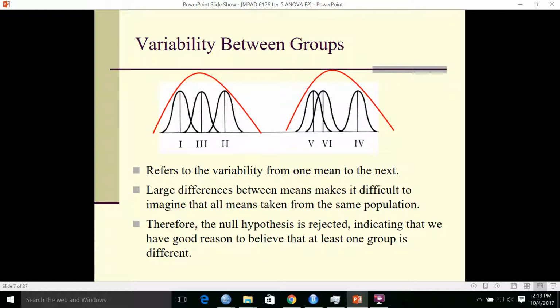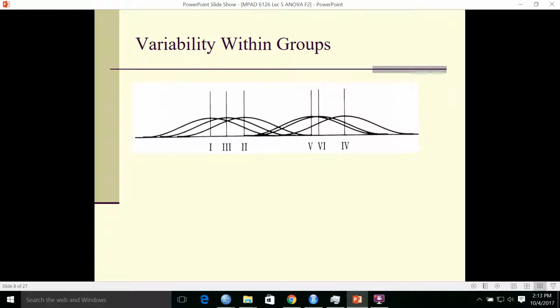So it is likely that 1, 2, and 3 come from a population that's different than 4, 5, and 6. If we were formally doing a hypothesis test, it's likely that we would reject the hypothesis in this case, and that would say that at least one group is significantly different from the others.